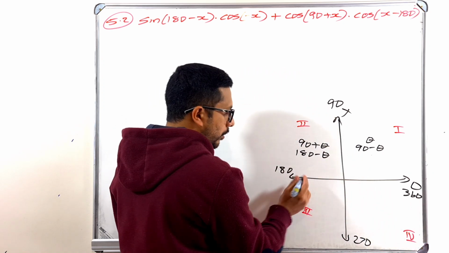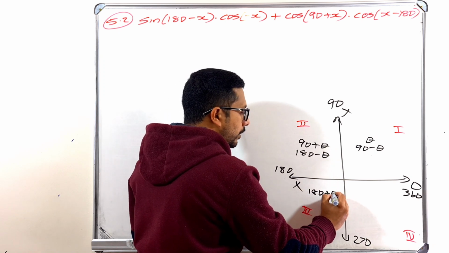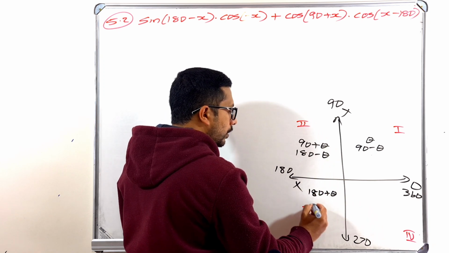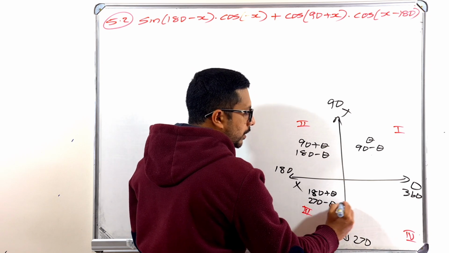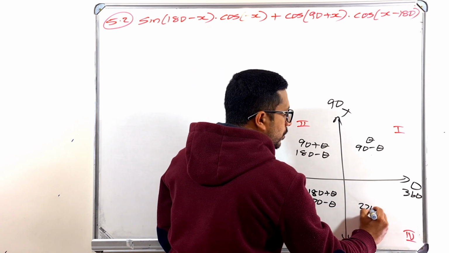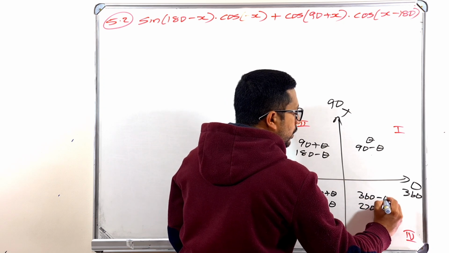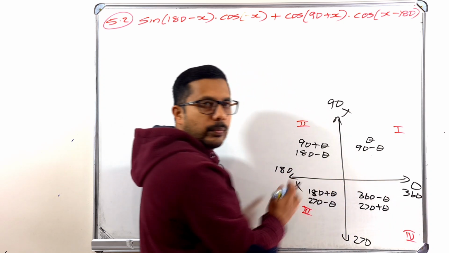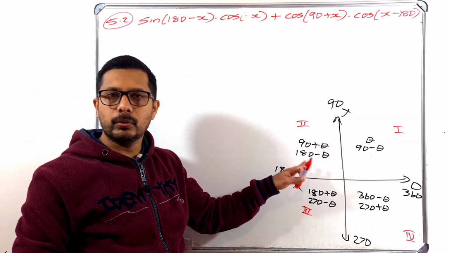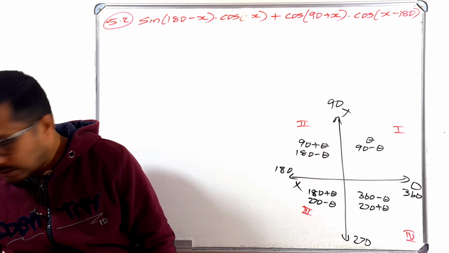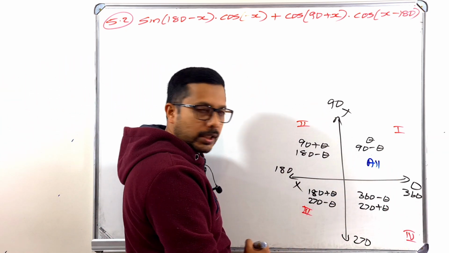Here how can you write 180 plus theta, then 270 minus theta, or this one is 270 plus theta, or 360 minus theta, or this one is 360 plus theta also. I hope you remember this. Here which trigonometric ratios are positive? In the first quadrant all the ratios are positive.